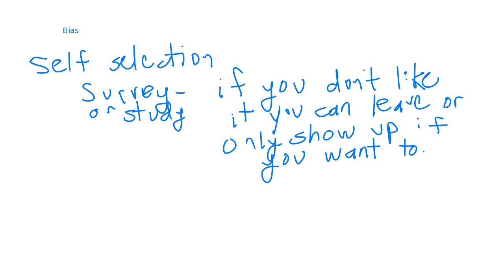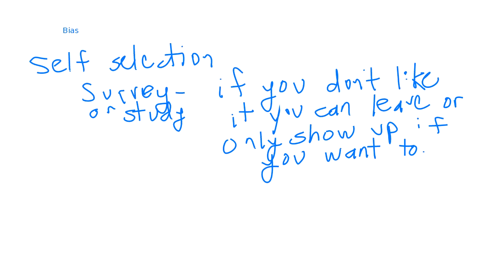I'm trying to think of an example, but the examples could be not counting low income voters, which tend to be Democrats. So there's a lot of problems with that. You have to be careful how you survey because you don't want to underrepresent anybody.